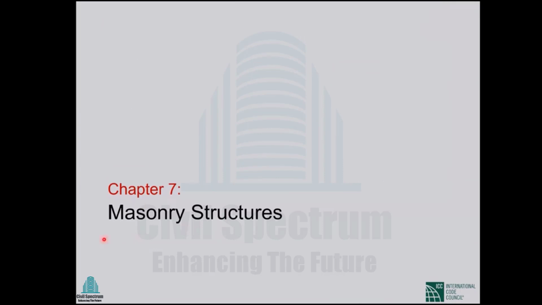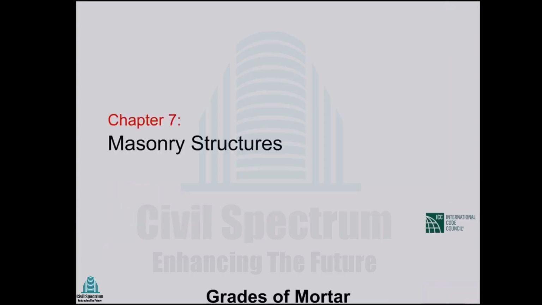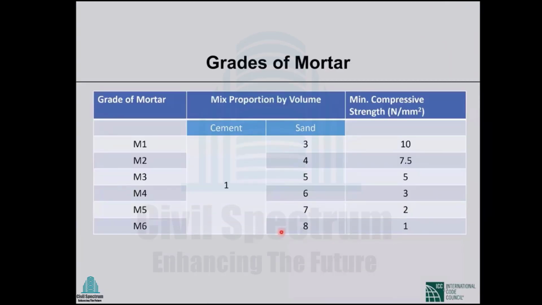Chapter 7, masonry structures. Masonry structures are more or less similar to the previous version. So these are the classifications of masonry, depending on the cement sand ratio and the compressive strength.